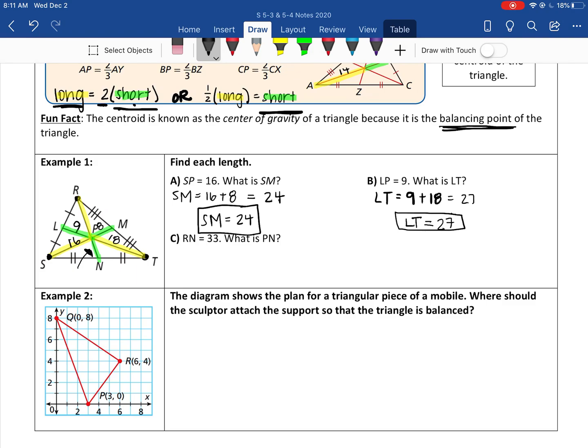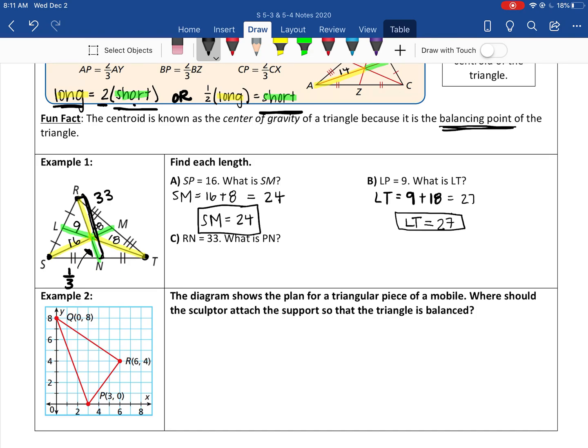All right, so this is the only time you're going to see me use thirds. If I know the whole thing is 33, and I know that this yellow segment is 2/3 of the whole thing, well, then all that's left is that this is 1/3 of the whole thing, okay? So the yellow piece is 2/3 of the whole thing.